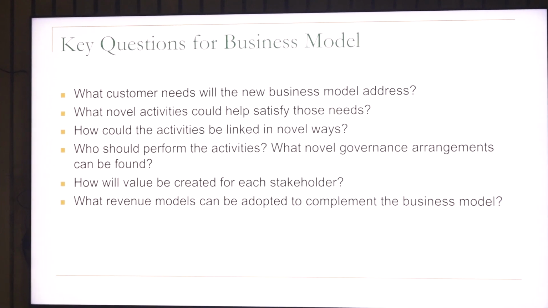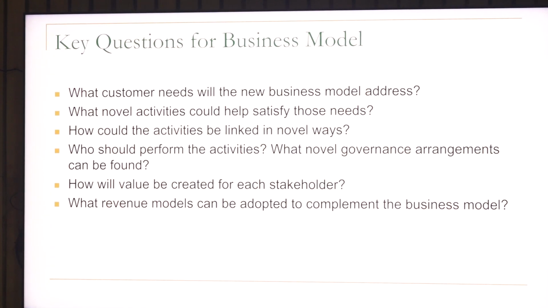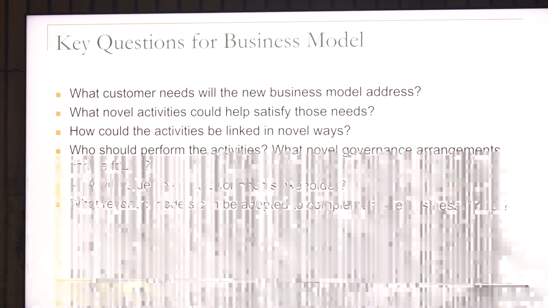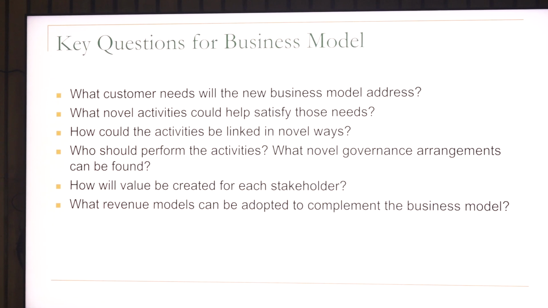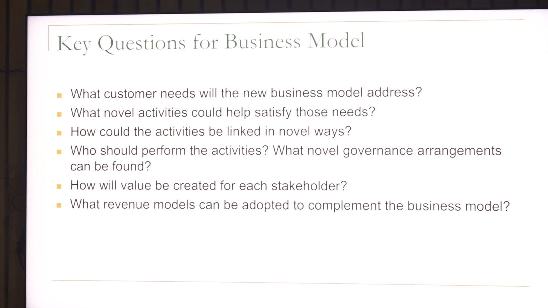Suppose traditionally you are doing some activity and you are planning some new activity. There should be some interconnection, some alignment, some synergy between old and new. Then who should perform the activities, roles and responsibilities? What novel governance arrangements can be formed? How will these structures be governed?